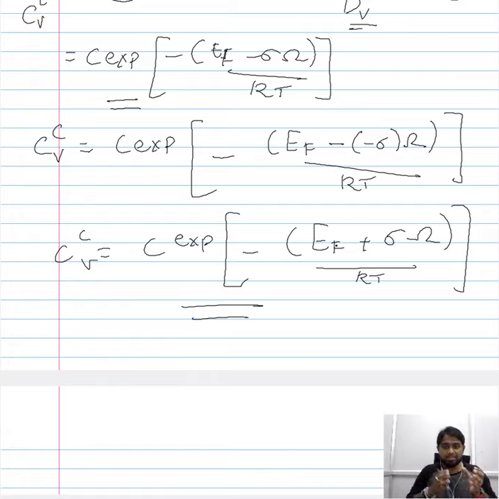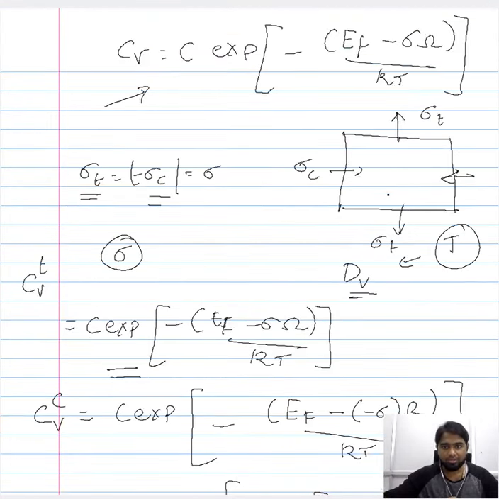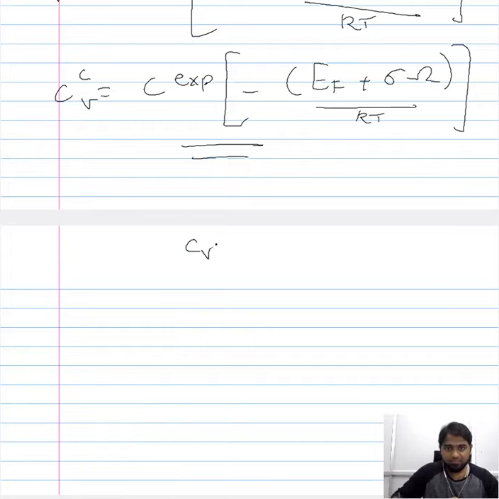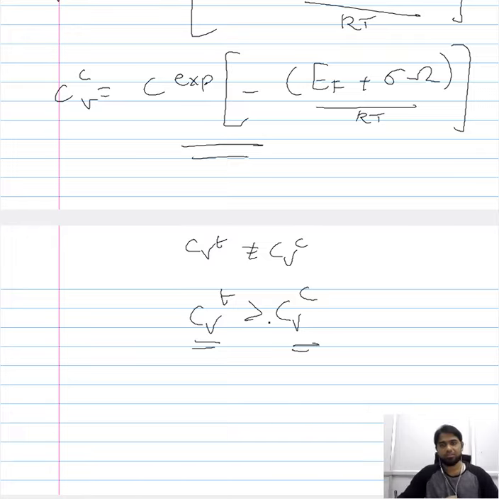So there will be a considerable difference between the vacancies formed because of the tensile load and the vacancies formed because of the compressive load. So CVT will not be equal to CVC, and considering that the compressive load increases the energy required for the formation of vacancies, CVT will be greater than CVC. This is the number of vacancies formed because of tensile loading, and the number of vacancies because of compressive loading.